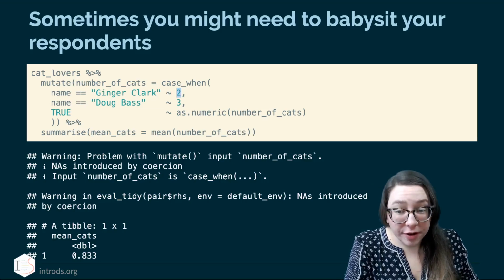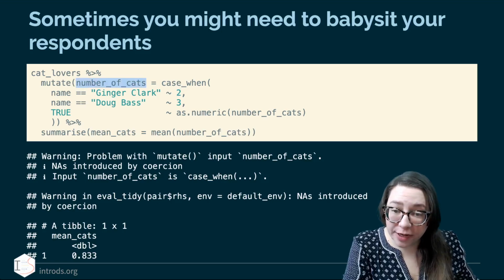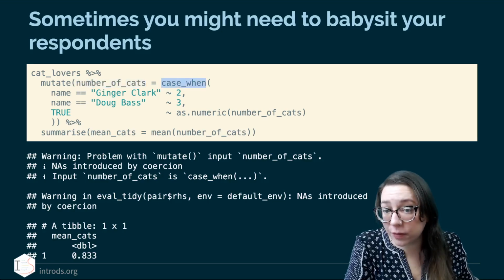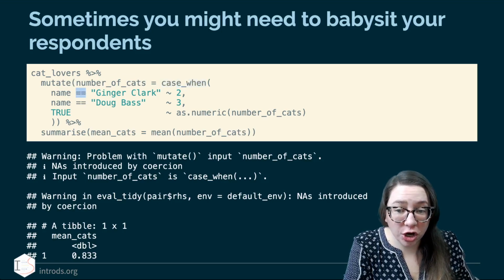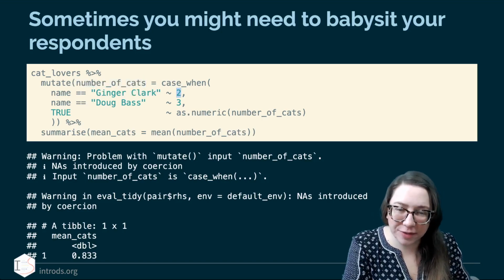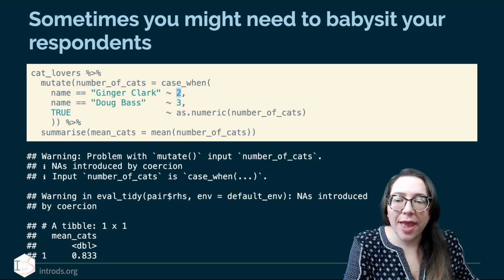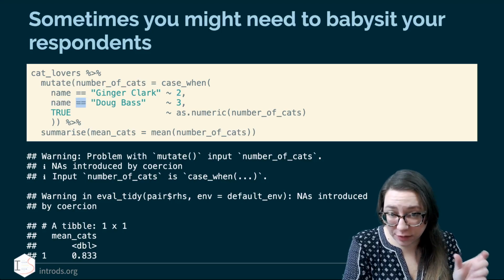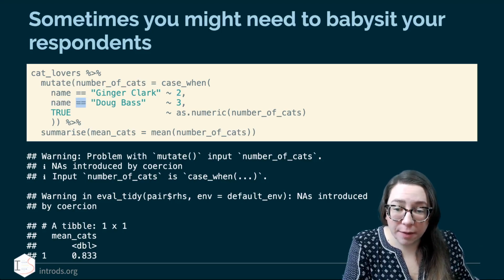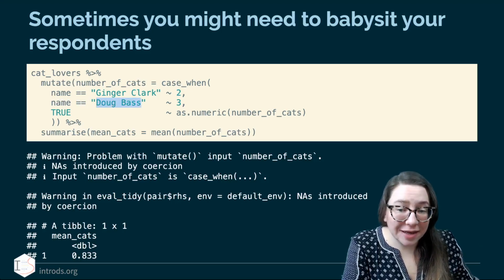So the number of cats variable should be constructed according to the following case when statements. If name is equal to Ginger Clark, make number of cats equal to 2. Remember she said 1.5, saying one of them was half human, so that's 2. If name is equal to, so we're using the double equals for checking again, Doug Bass, make number of cats equal to the number 3.